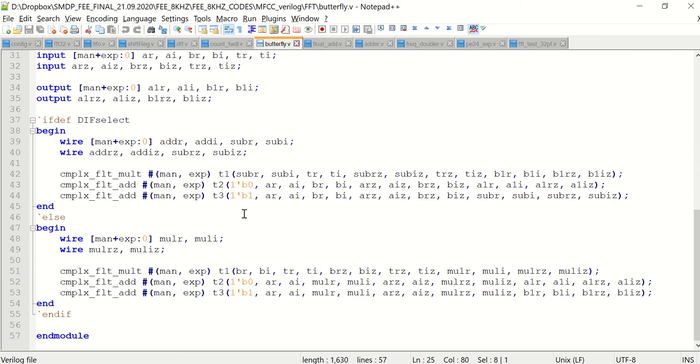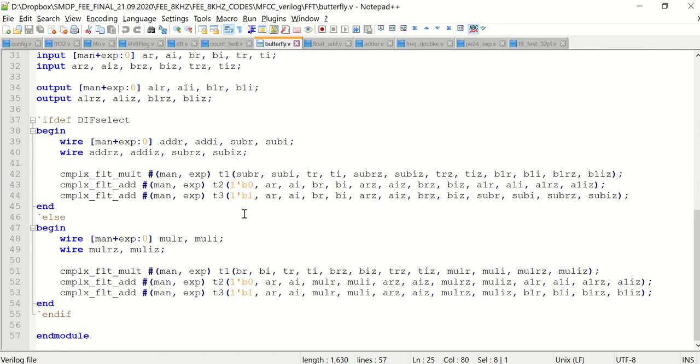And as we have seen, FFT can be implemented two ways, that is decimation in time and decimation in frequency. Here we are considering decimation in time, wherein initially the twiddle factor is multiplied with one of the inputs, and then that is taken and either added or subtracted.